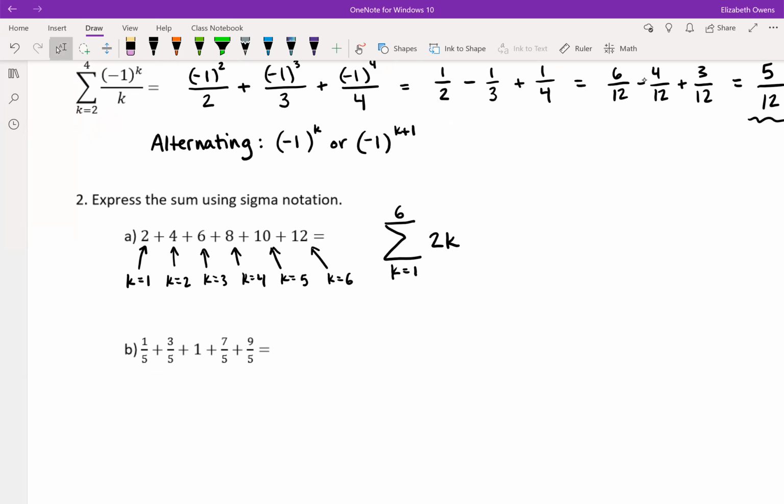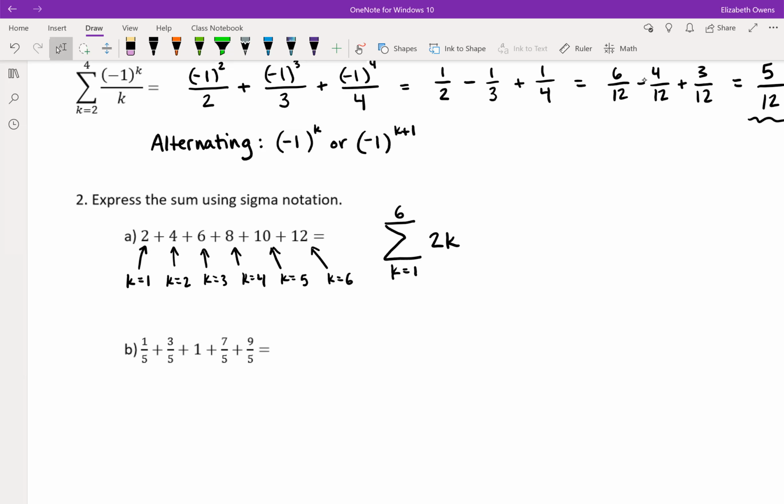So for the next one, let's think about this one. We've got a little more complicated: 1/5 plus 3/5 plus 1 plus 7/5 plus 9/5. Let's start out in the same way. What do you guys want to make our starting index? Do you want to stick with k equals 1 or switch it up?